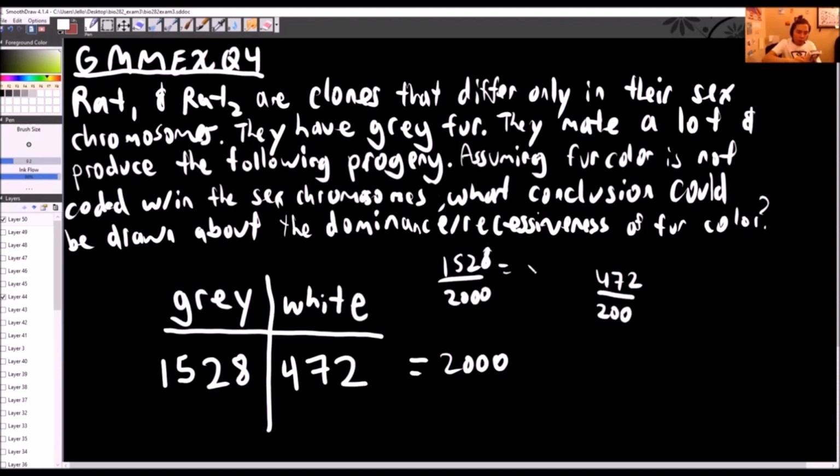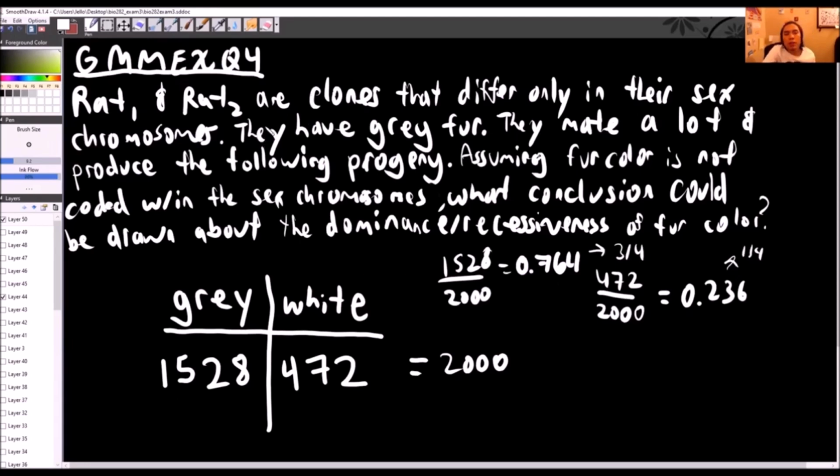But let's get the exact number for fun. And also, you wouldn't need a calculator in an exam. So our proportion over here is 0.764, and this one is 0.236. So very close to 3/4 and very close to 1/4.